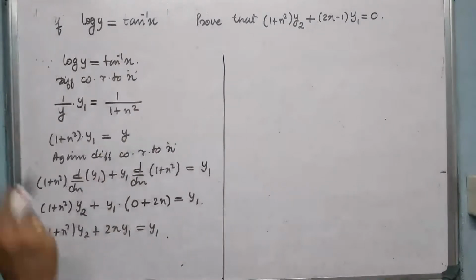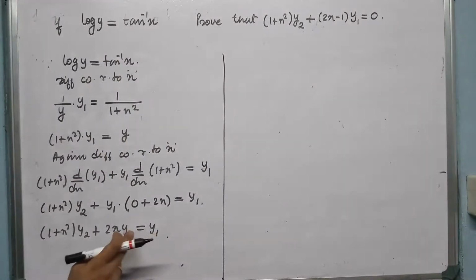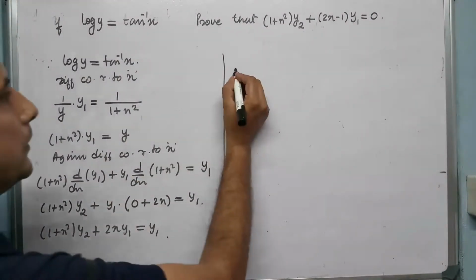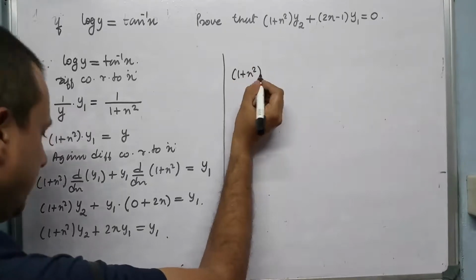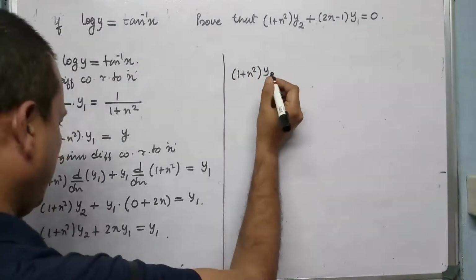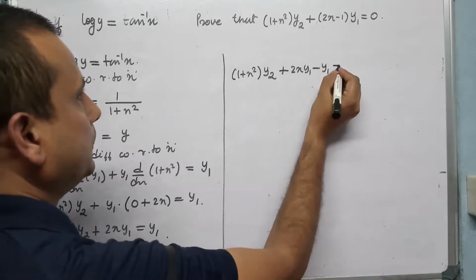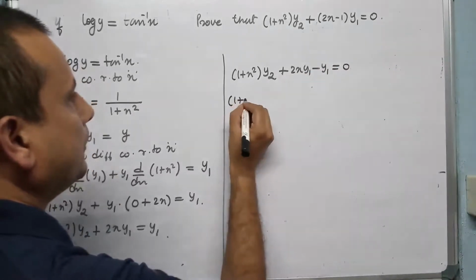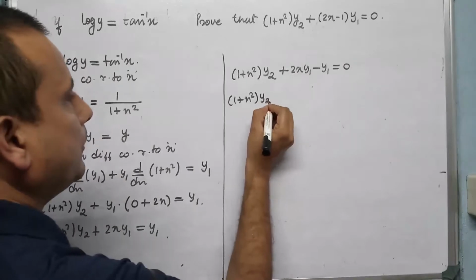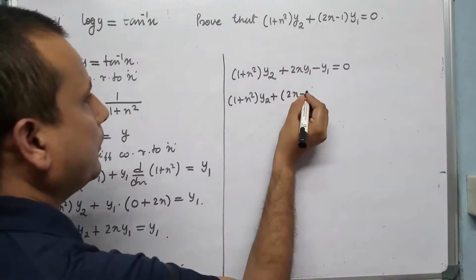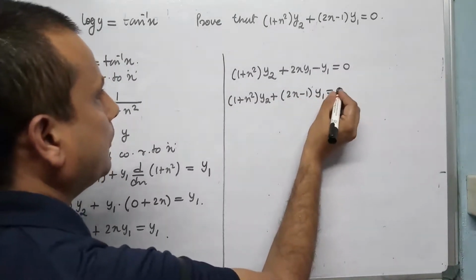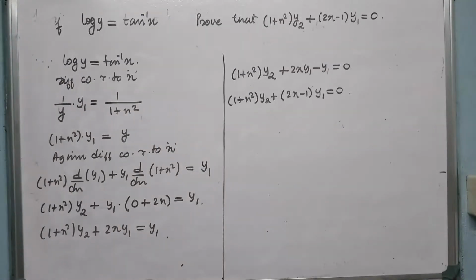To prove this identity, I'll bring this y1 from the right hand side to the left hand side. So 1 plus x square y2 plus 2x y1 minus y1 equals to 0. Now this identity is proved.